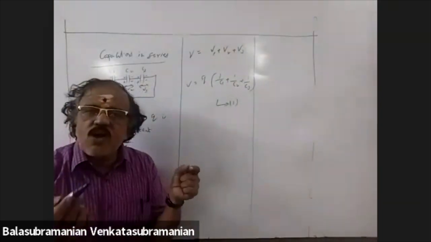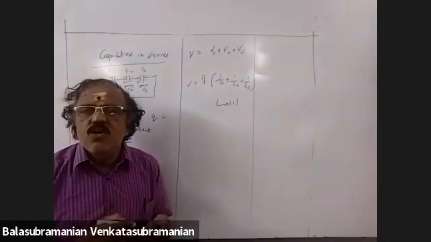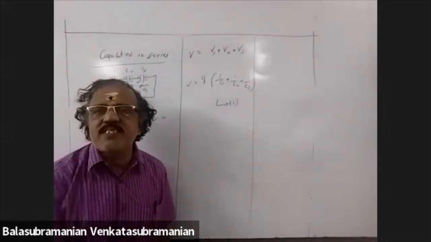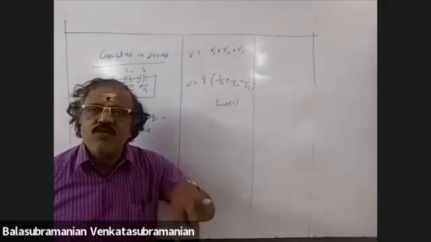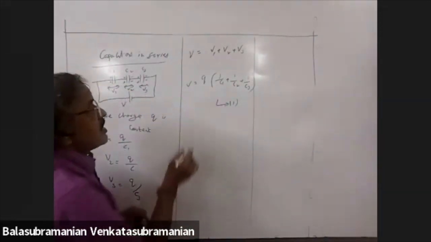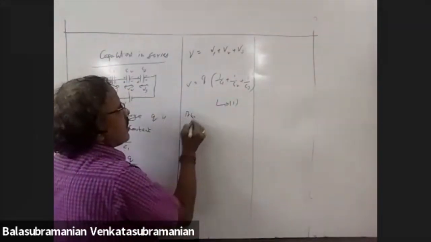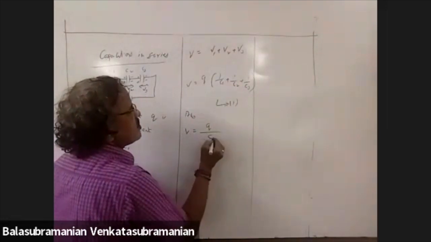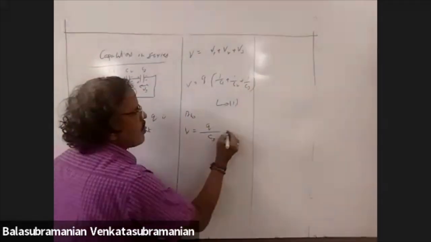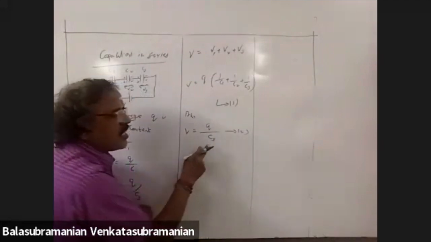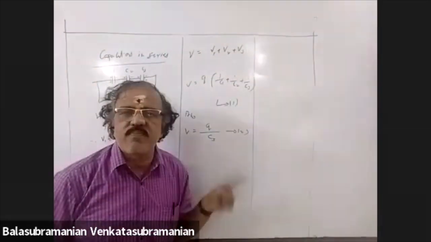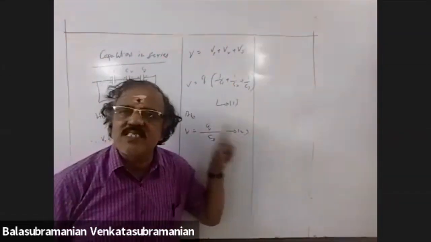When you connect all the three capacitors, you will have one resultant or effective capacitance. That also we have a formula, V equals Q by Cs. This is the resultant or effective capacitance when connected in series.